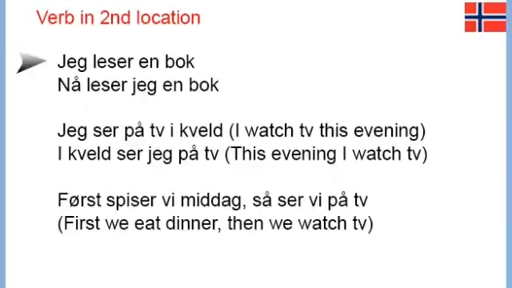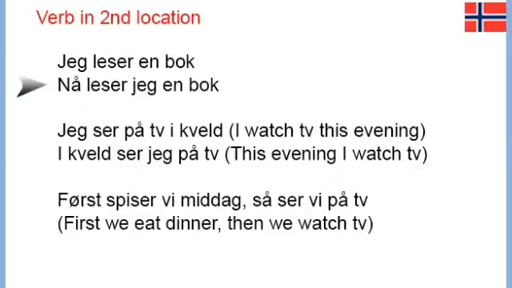However, in Norwegian, I would say: jeg leser en bok. However, if I were to say "now I'm reading a book," in Norwegian you would say: nå leser jeg en bok.